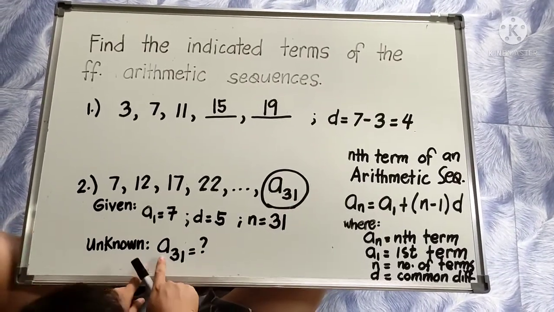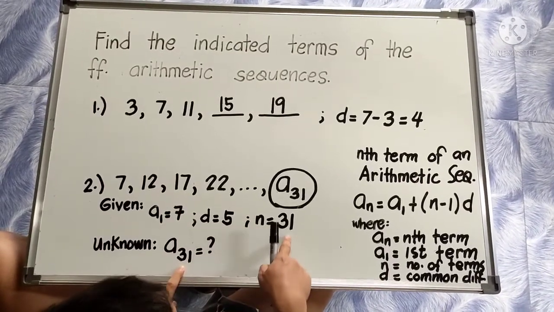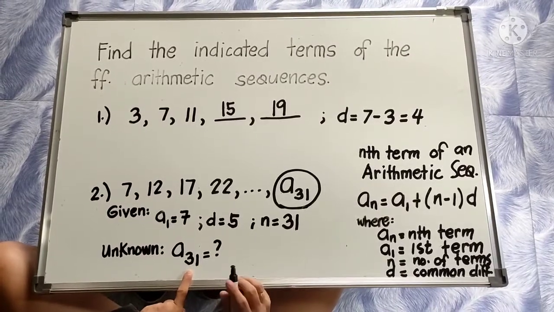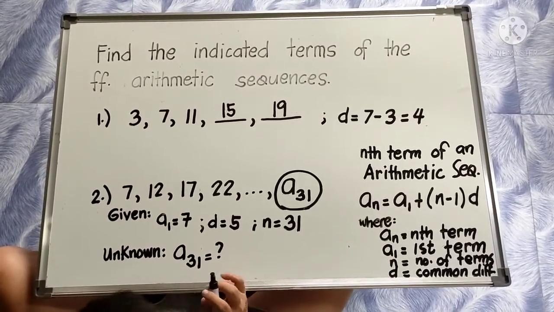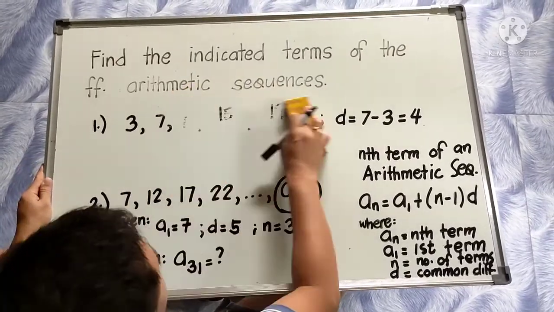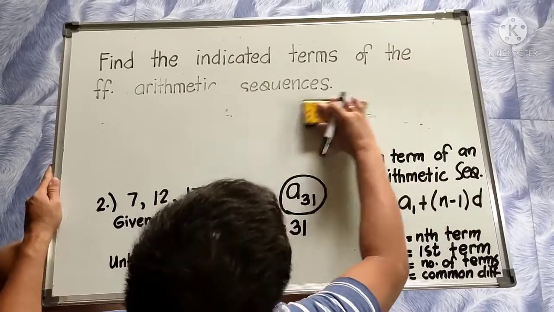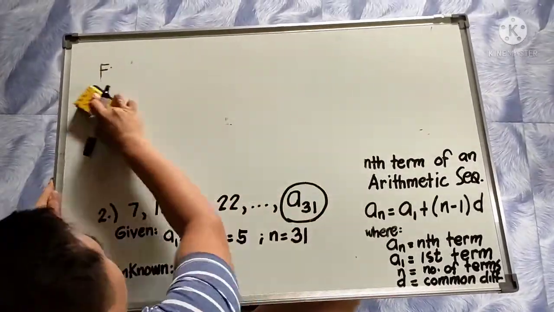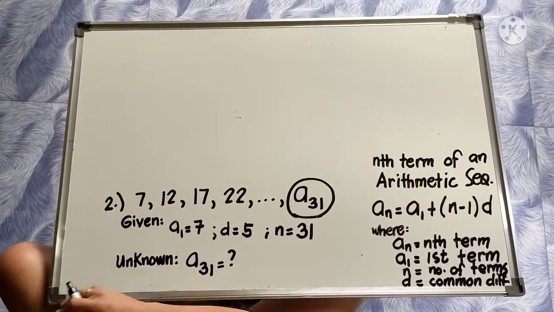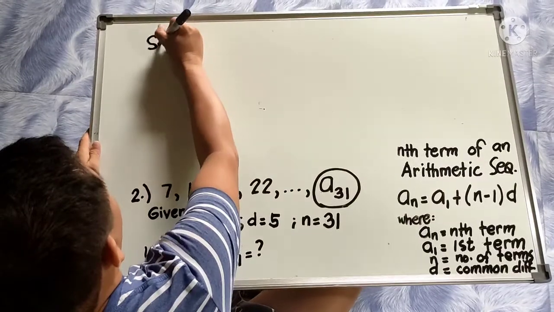Whatever is the subscript of your unknown, that will also be your n. So this time, let us solve for our a sub n. Let's proceed to the solution. I'll erase this part here because we don't really have enough space. So allow me to erase the writings on top. So let's have our solution.